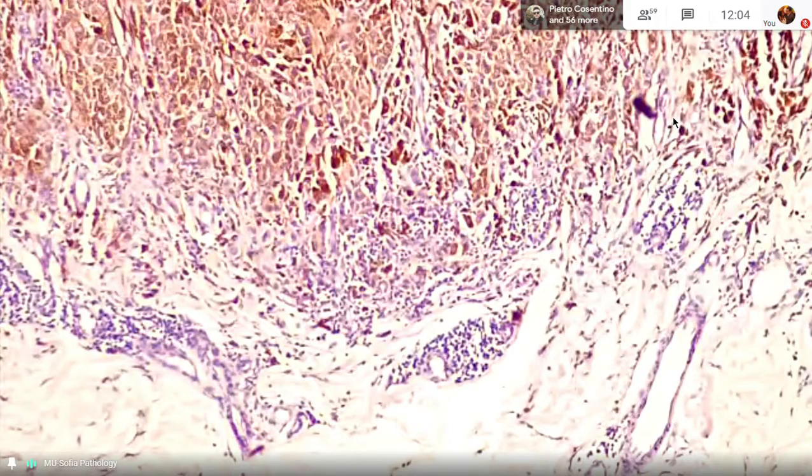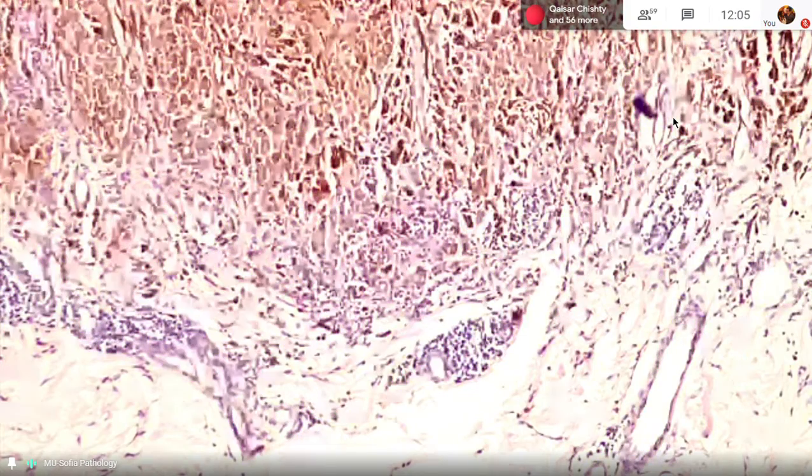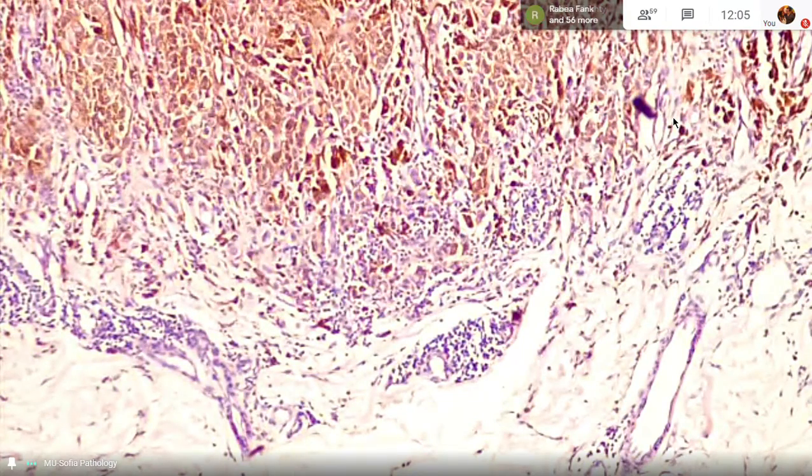It is important that sometimes you can have regressive changes with the melanoma. It can disappear, but it is not because the immune system killed all the melanoma cells.